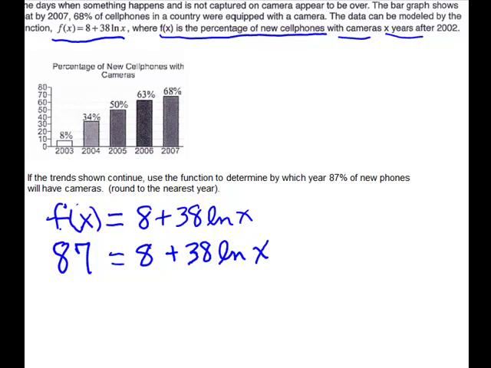So first we want to get our logarithm expression alone. We'll subtract the 8. So 87 minus 8 will give us 79. Then we need to divide by 38.